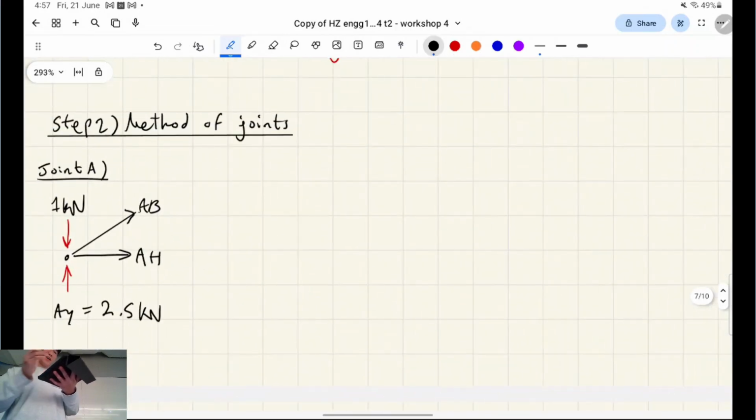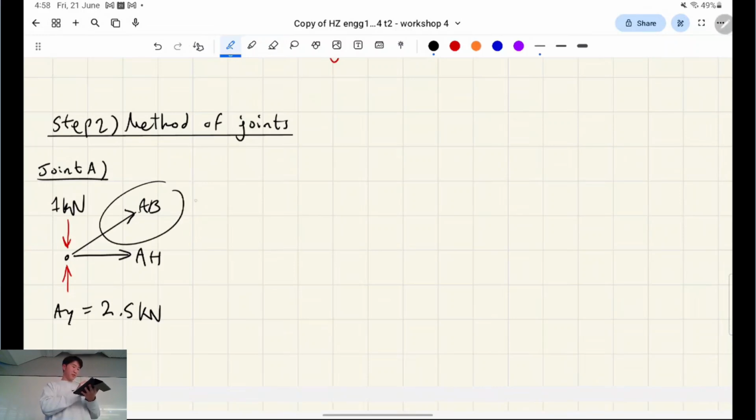Now, similar to support reactions, we just have to assume a direction and roll with it, right? Here's the way that I would recommend you do it for method of joints and even method of sections. Assume that your truss member is in tension, okay?